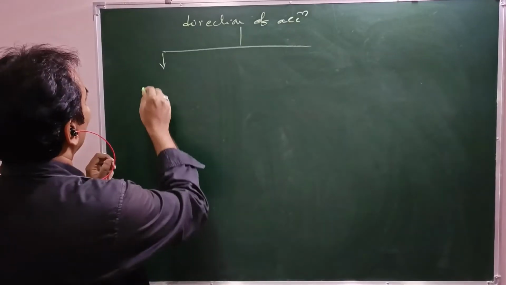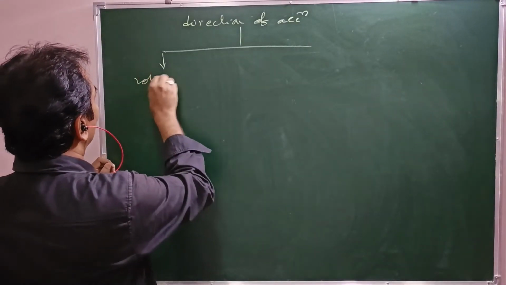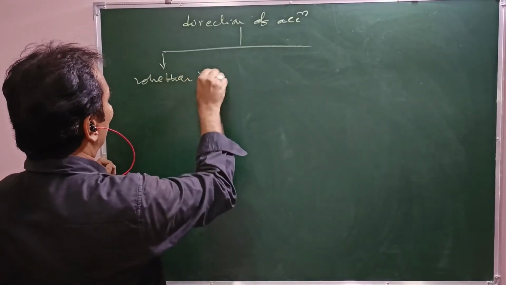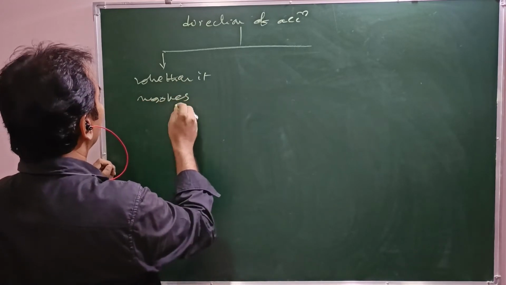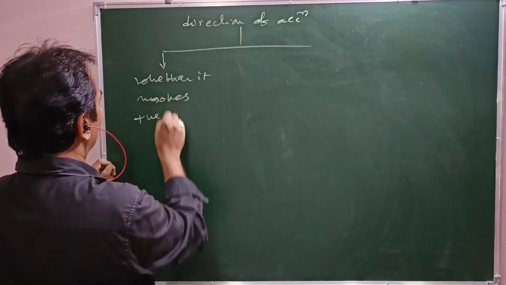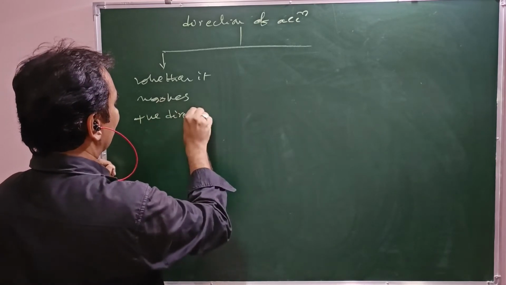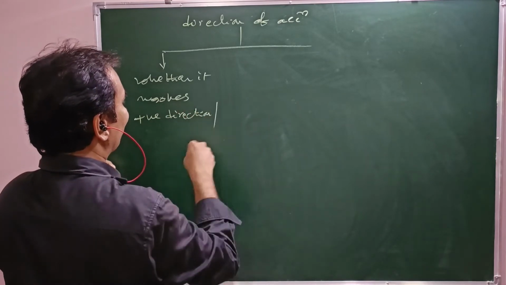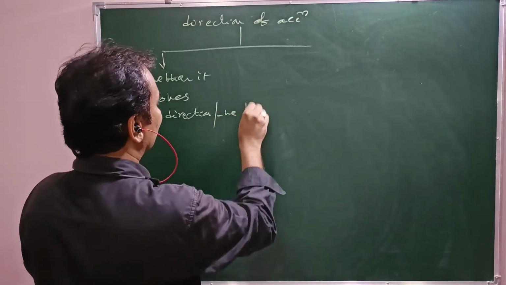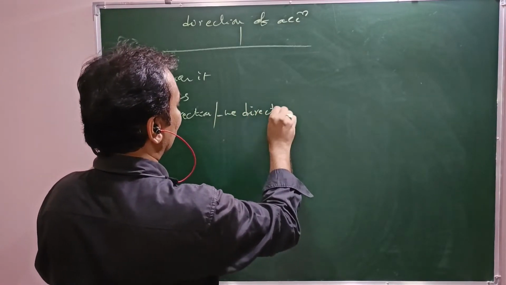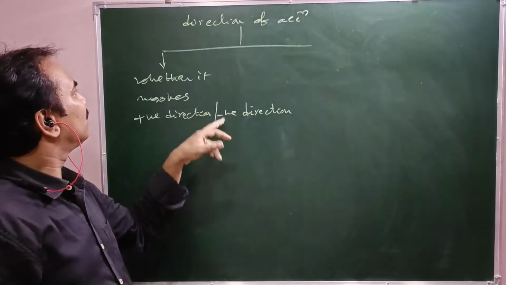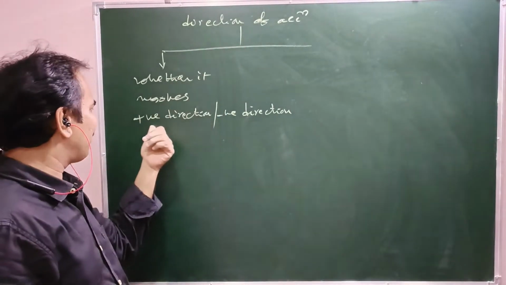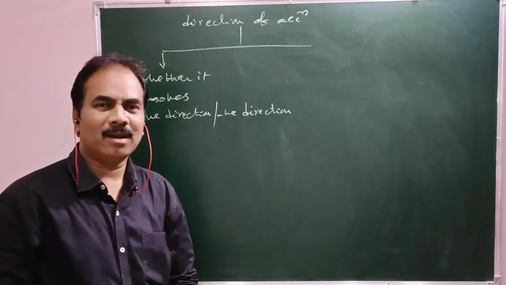First one, whether it moves in the positive direction, otherwise the negative direction. So the direction of acceleration is characterized by whether it moves in the positive direction or the negative direction.